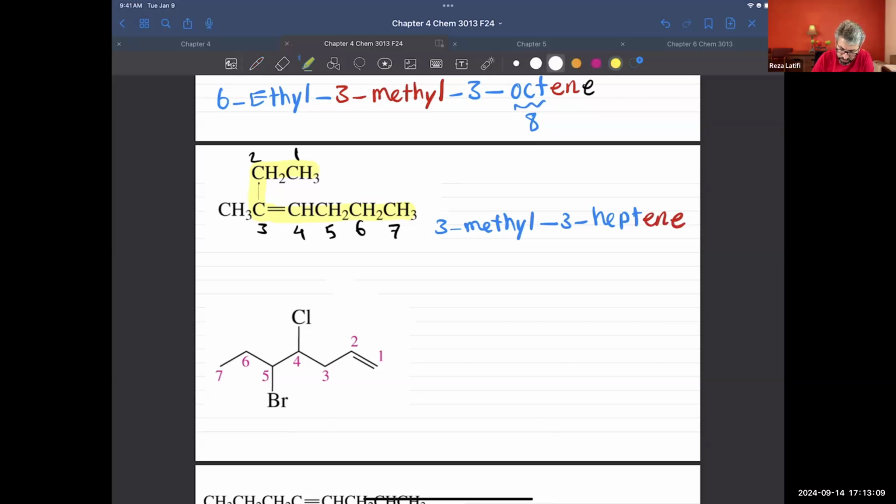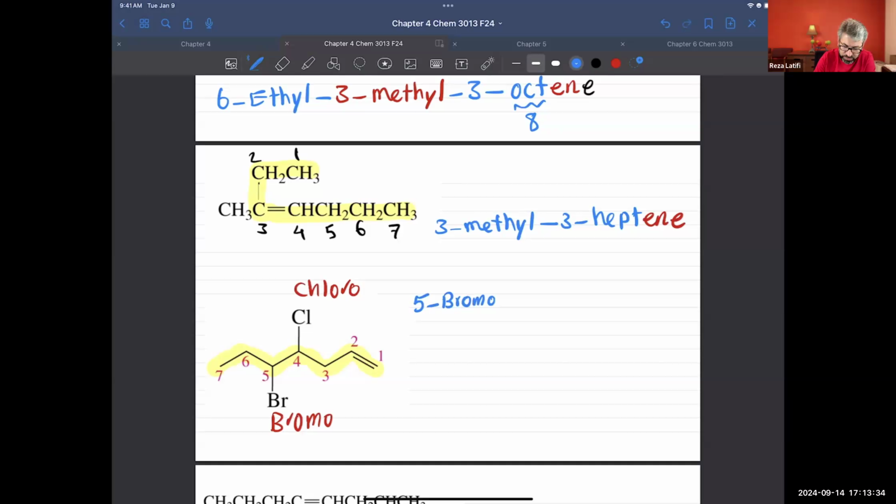How about the next one? This is going to be the main chain. You have a chloro versus a bromo. Priority goes with bromo. And remember, you have a double bond and it's on the first carbon. So on the fifth carbon, I have a bromo. You might ask why I started from the right side.